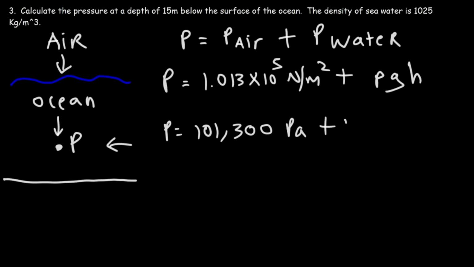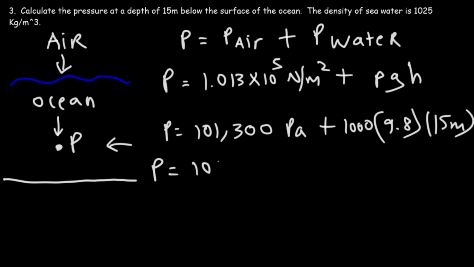The density of water is 1,000 kilograms per cubic meter. The gravitational acceleration of the Earth, 9.8 meters per second squared, and the depth is 15 meters. So this is going to be 1,000 times 9.8 times 15. So that's 147,000 pascals.